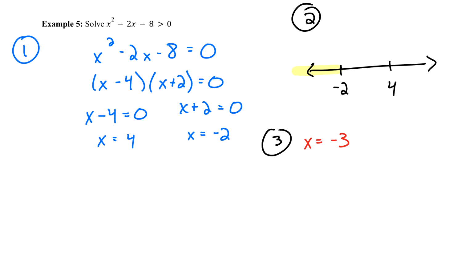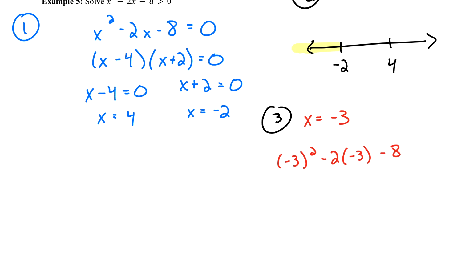So I'm plugging it into x squared minus 2x minus 8. That's going to give me negative 3 squared minus 2 times negative 3 minus 8. Negative 3 squared is a positive 9, plus 6, minus 8. 9 plus 6 is 15, minus 8 gives a positive 7.